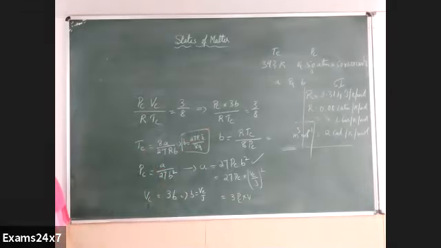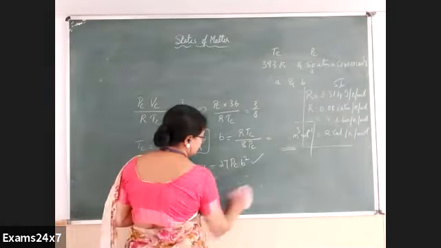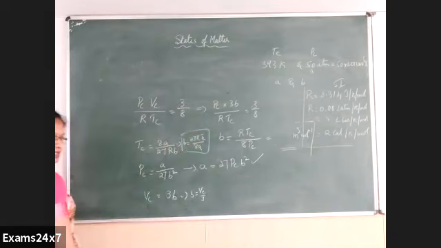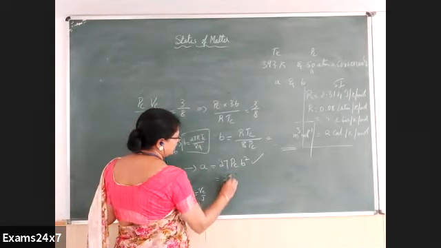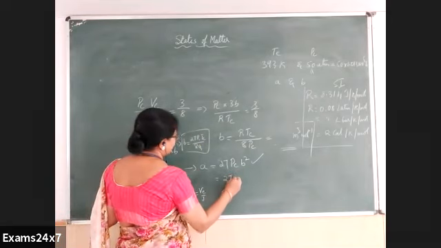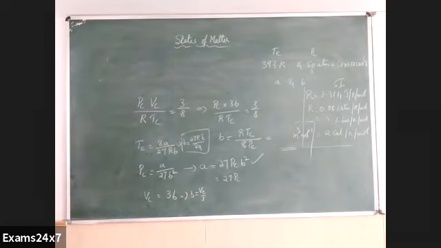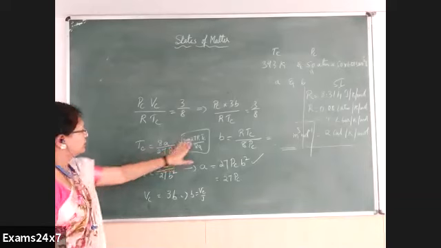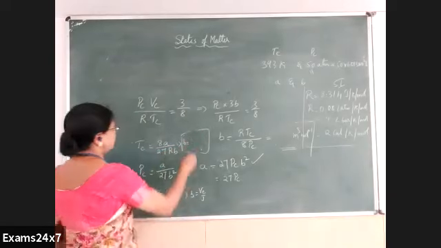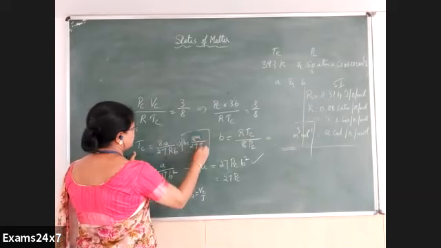That part you have to apply here. Why can't I apply this? Because VC is not given in the question. If VC is given, you can use that. Okay, this is B equal to 8A by 27 into TC into R.